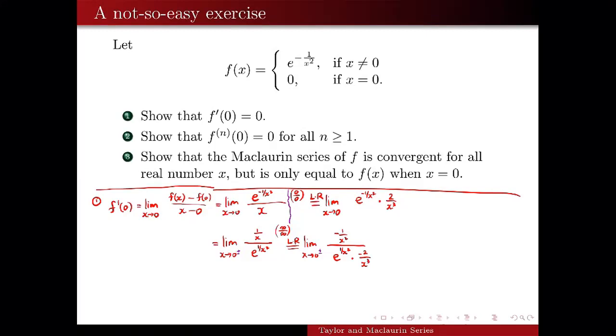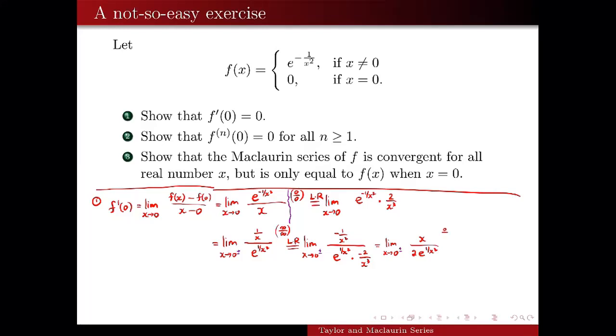If we simplify this, the numerator will just become x. The denominator is 2 e raised to 1 over x squared. And look at this.